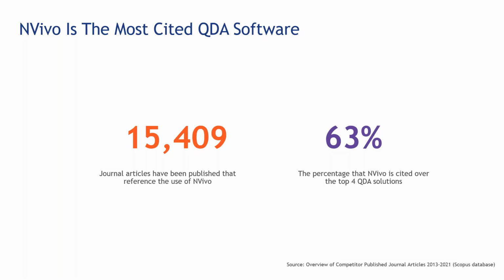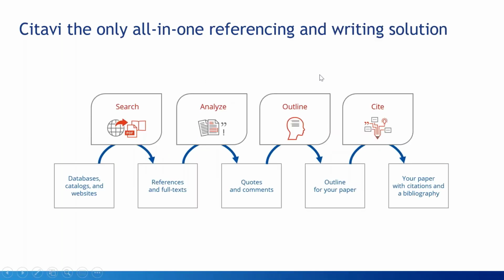These are good sources to look into. And when we look at the top 4 QDA solutions out there, including Nvivo, we're cited 63% more of the time in articles.